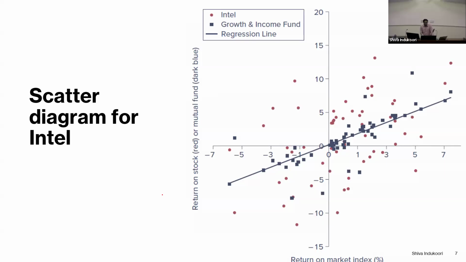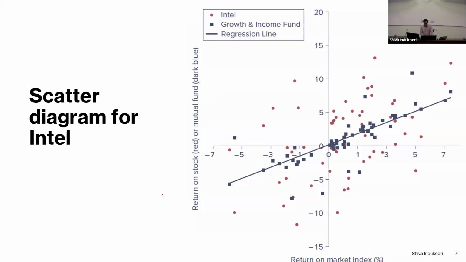This is the example of a stock, Intel, and some funds are also given here with some regression line. Regression lines need not look the same way we have; they may have different lines.